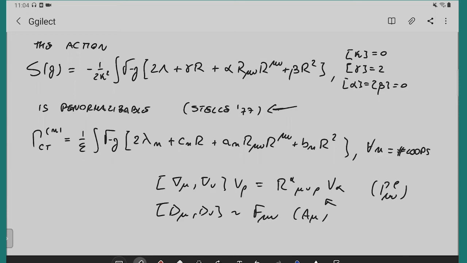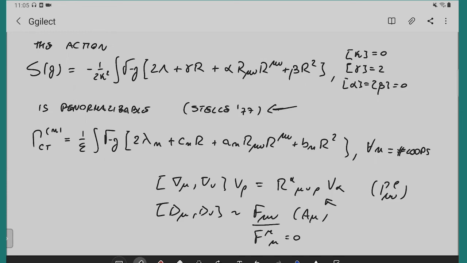The mathematical structure is slightly different, but you can see them as a similar object. The only thing is that F has only two indices and is antisymmetric, so you cannot define the trace. Well, you can, but it's zero.